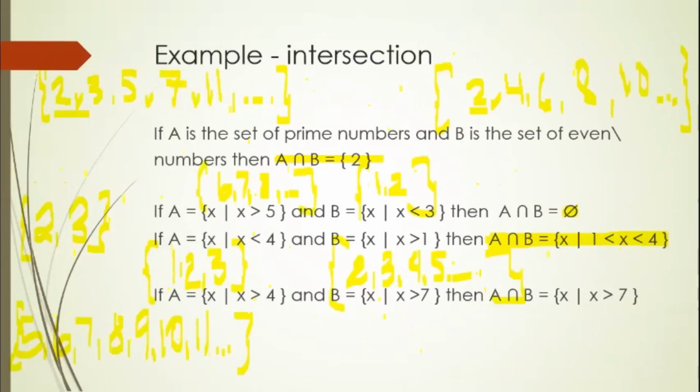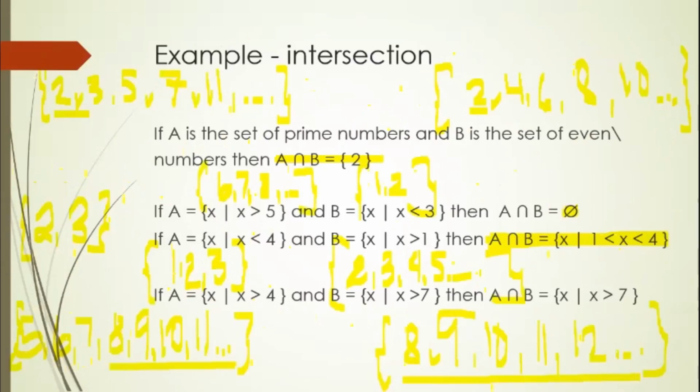And then x greater than 7 starts with 8, 9, 10, 11, 12, dot, dot, dot. If you would notice, the numbers 8, 9, 10, 11 up to infinity are common to both. So therefore, 8, 9, 10 up to infinity when written would be the intersection of these two sets.